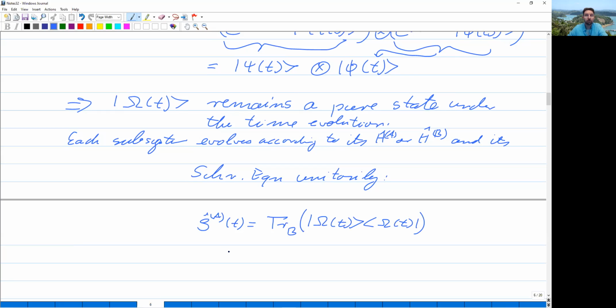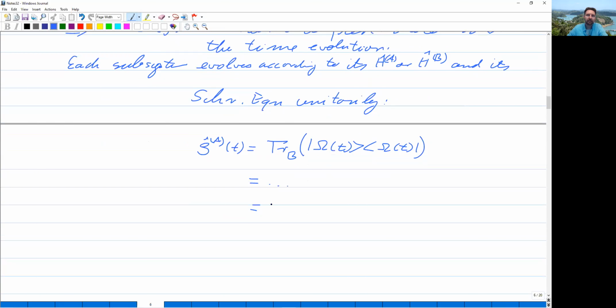And then you can show, maybe I'll leave it to you as an exercise, that this is then indeed psi of t, where psi of t is e to the power of (t minus t naught) over i h bar H hat A acting on psi of t naught. Okay, so everything is as we might have expected.